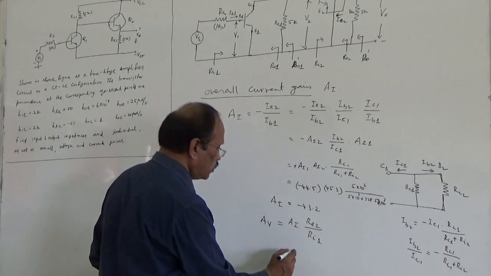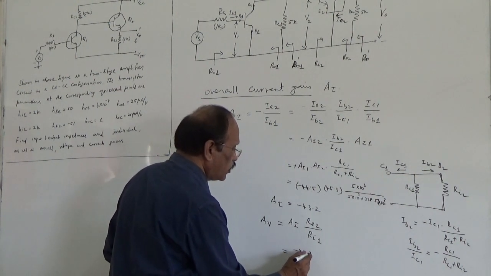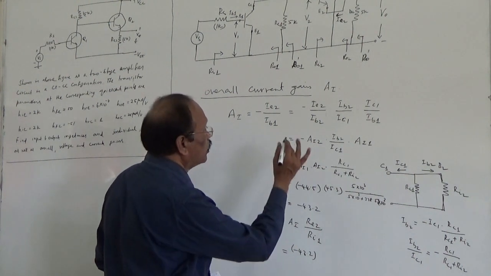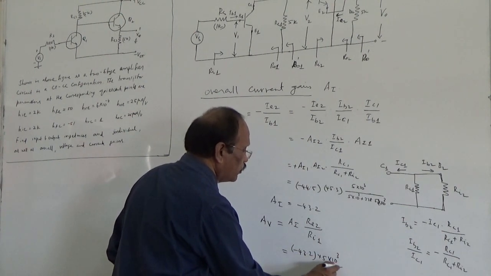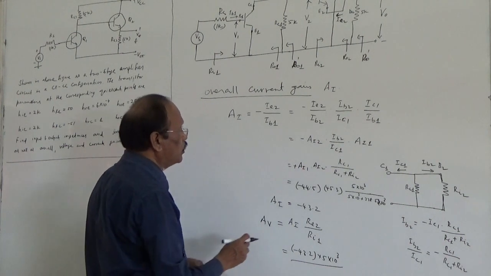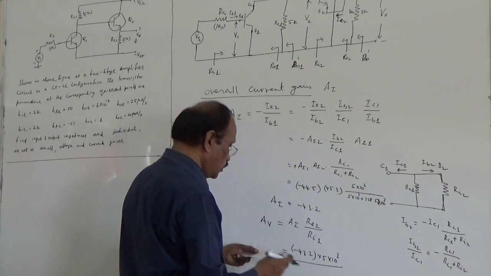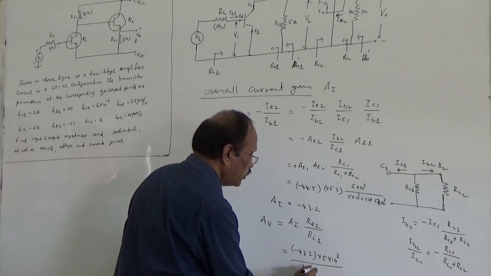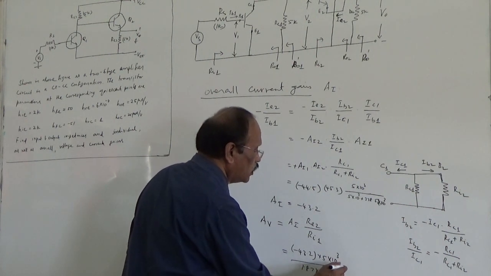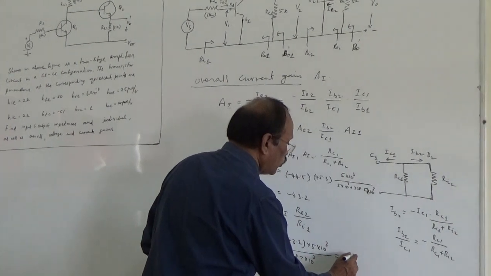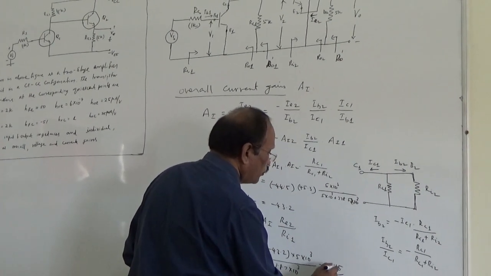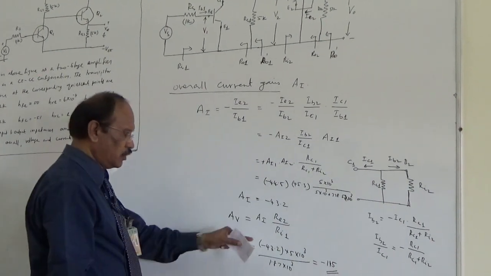So AI is minus 43.2 into RE2 is 5 into 10 power 3 divided by RI1, 1.87 into 10 power 3. So that will be given as minus 115.